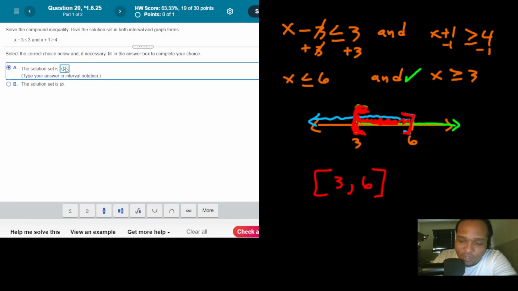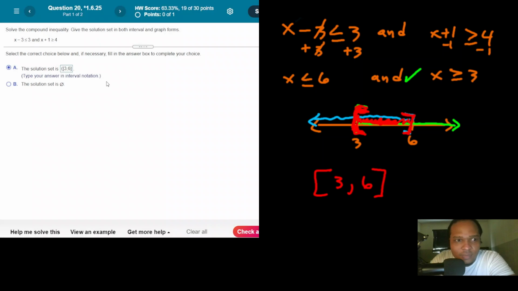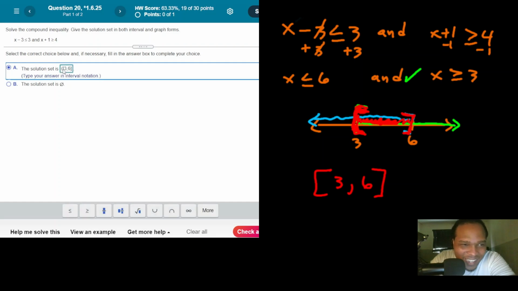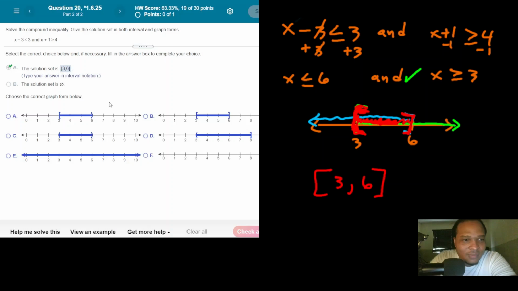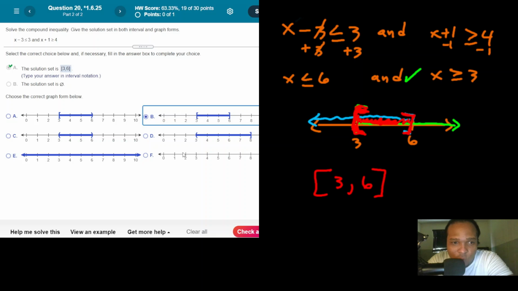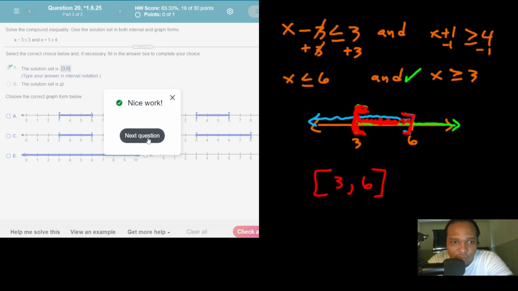So 3, 6. I kept a parentheses there. You heard me hit that delete button. But anyway, this is between 3 and 6 inclusive with the equality symbols with the brackets. Nice work.